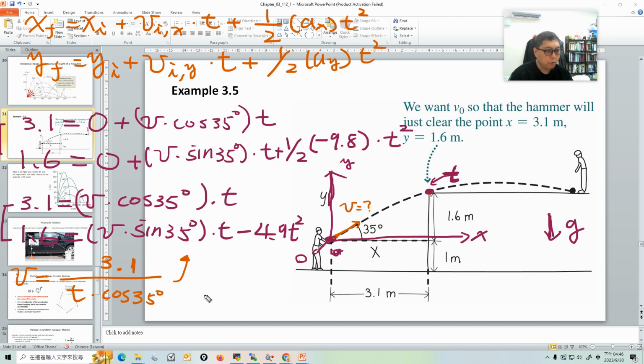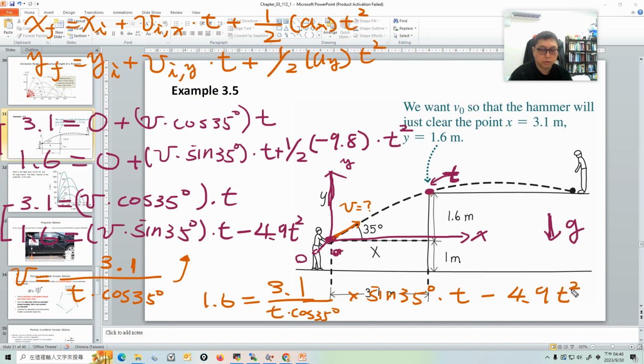So we will have 1.6 equals v sine 35 degrees times t minus 4.9 t squared, where v is 3.1 over t cosine 35 degrees.